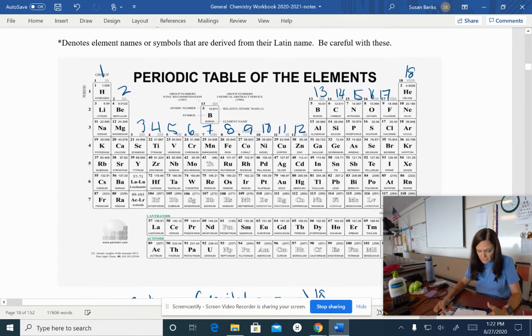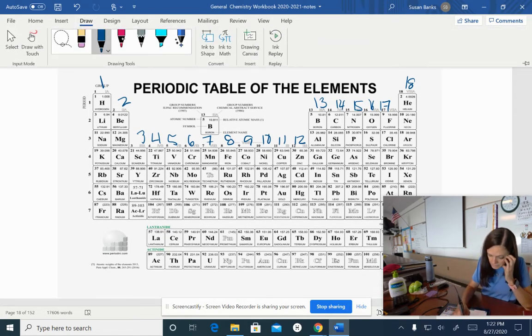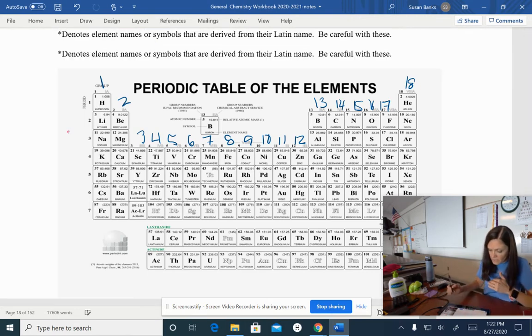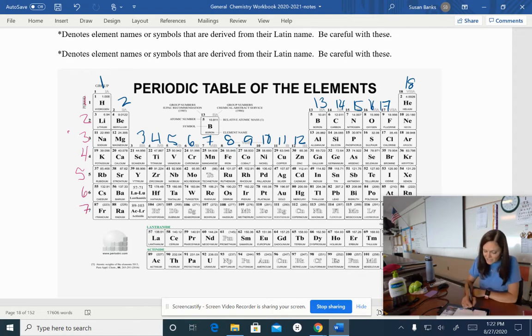Let's number the periods then. I'm going to change my color. So in the periods, we are going to do the horizontal rows because that's what a period is. So we have 1, 2, 3, 4, 5, 6, 7. And some of you guys are going to be like, wait a second, what about these guys down here at the bottom?